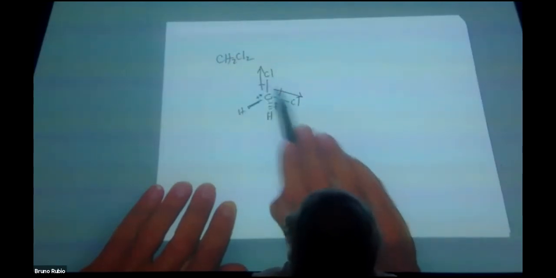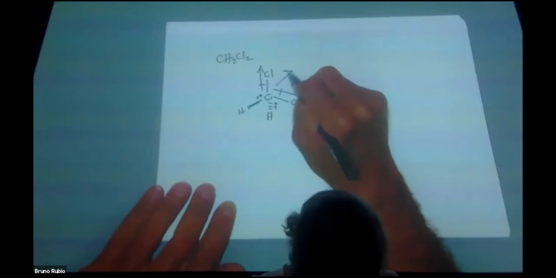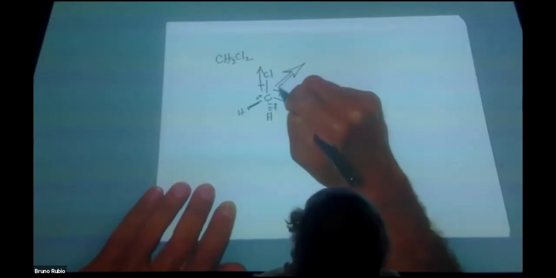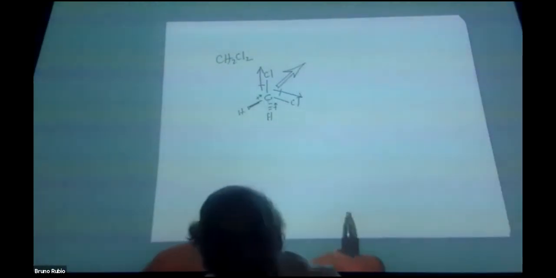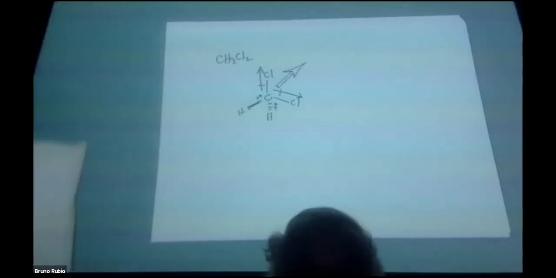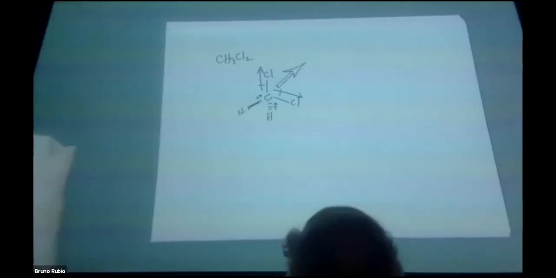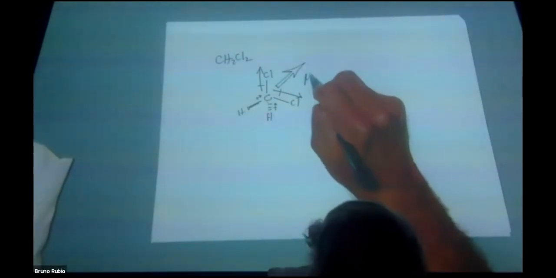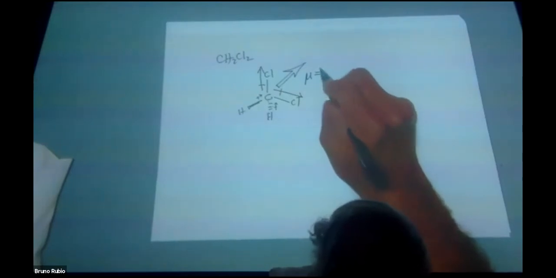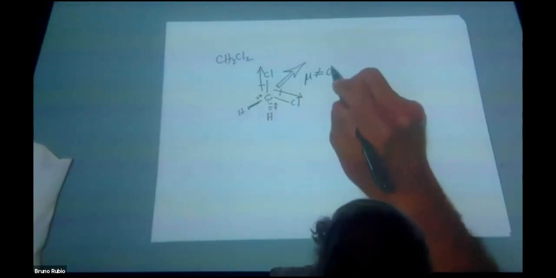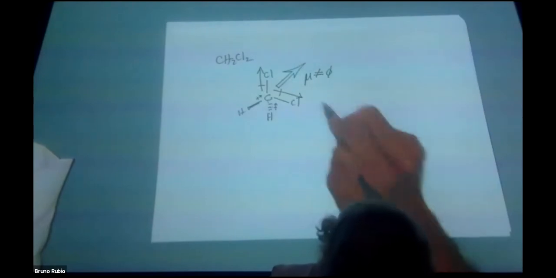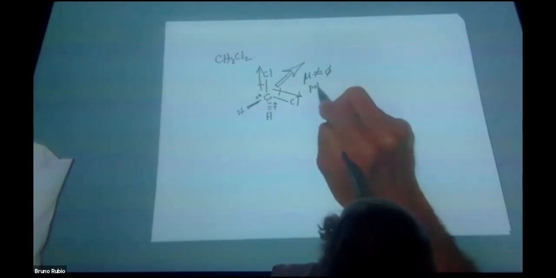When we add these two vectors, we get a pretty substantial dipole moment that points in this direction. On your Avogadro, this also will show you the dipole moments in the display settings here. So this guy, his dipole moment is not equal to 0. This thing is polar.